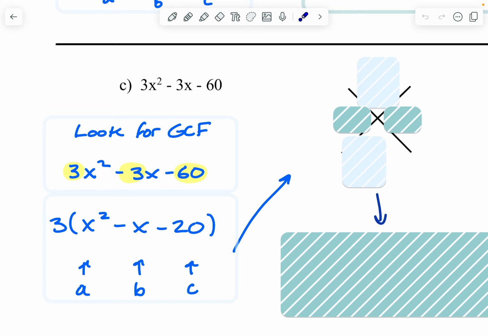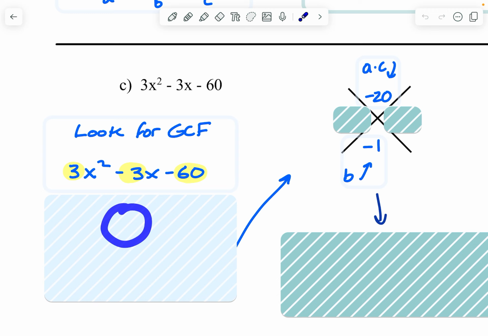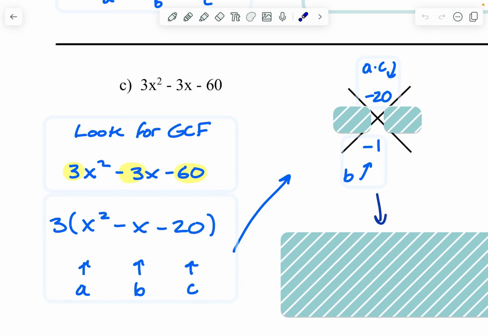Moving on to the x now. Top number, a times c, 1 times negative 20, negative 20. Bottom number, b. B in this case was negative 1.